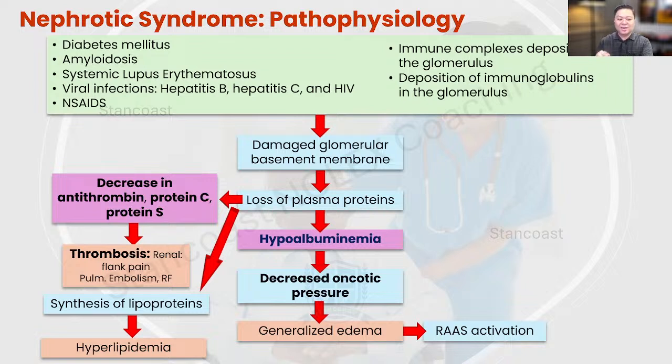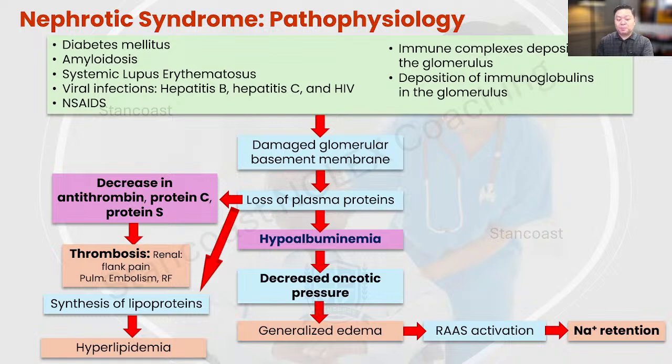So again, this will be activated because of the loss of fluid into the urine. Now, when this is activated, it can lead to sodium retention, and so the person here will end up with hypernatremia, of course, and some other major problems later on, which we will be talking about later.